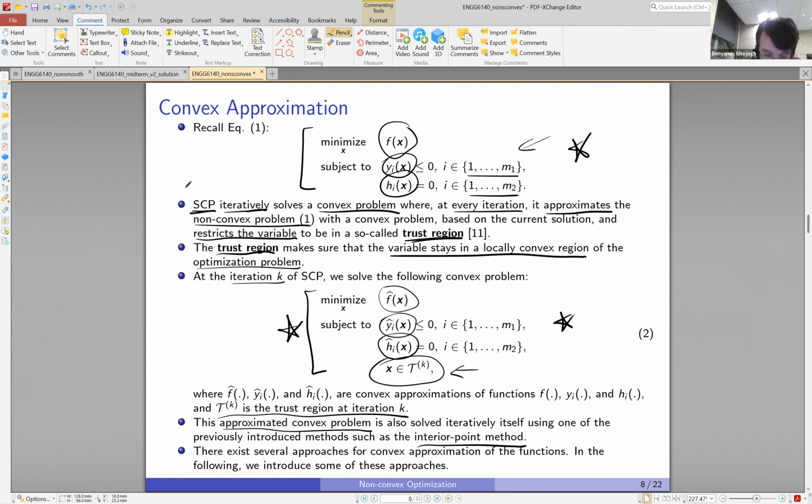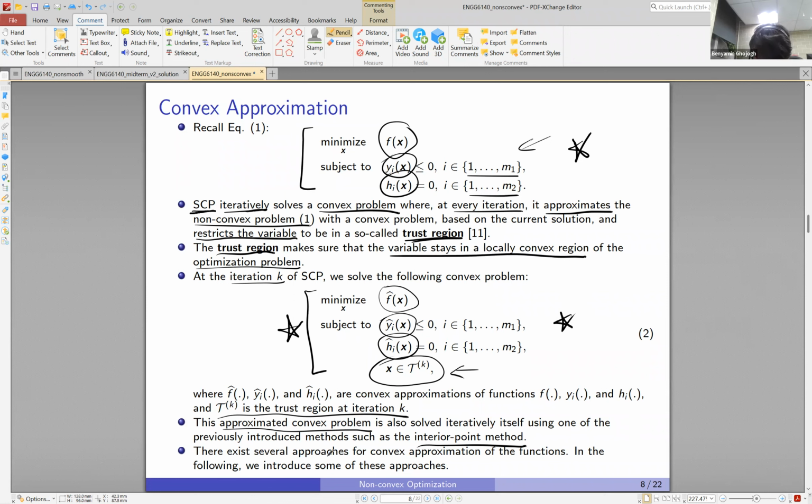We have one loop for the iterations of the sequential convex programming, and in each iteration of SCP, we also need to solve a convex optimization problem, which itself is solved by an iterative optimization method, such as the interior point method, which is an iterative method, right? So we have a nested loop.